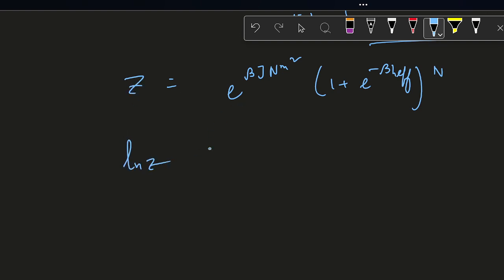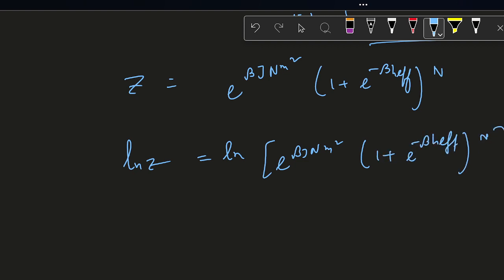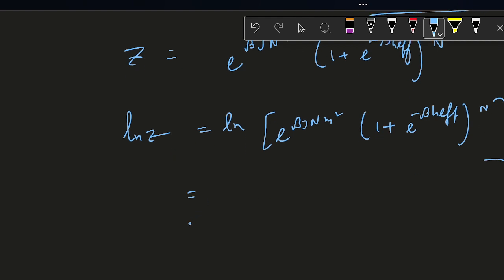Now this is a pretty simple expression. So you get ln Z, which is ln of this whole thing to the power n. Because you know that ln of a times b is nothing but ln a plus ln b, in this case you consider this as a and this whole term as b.